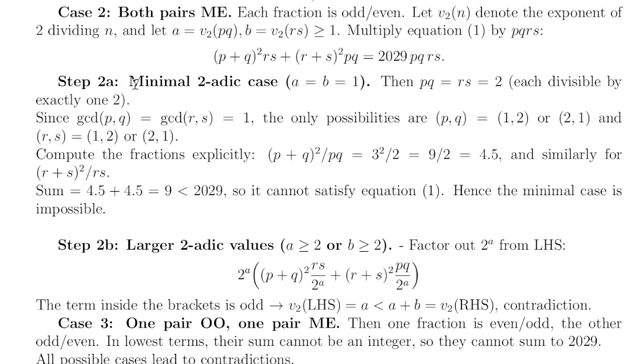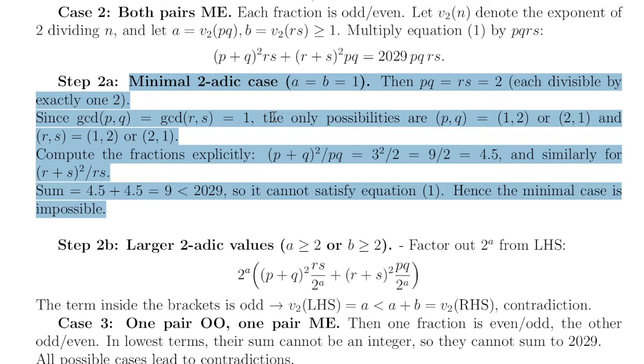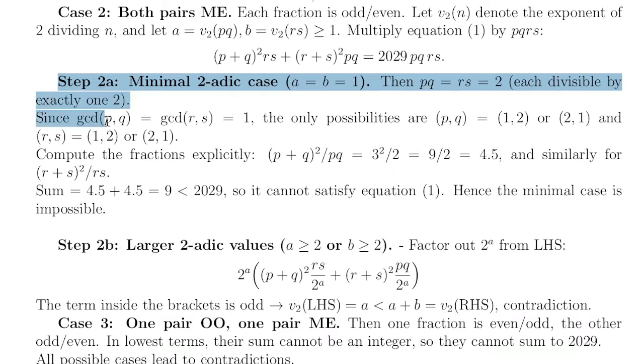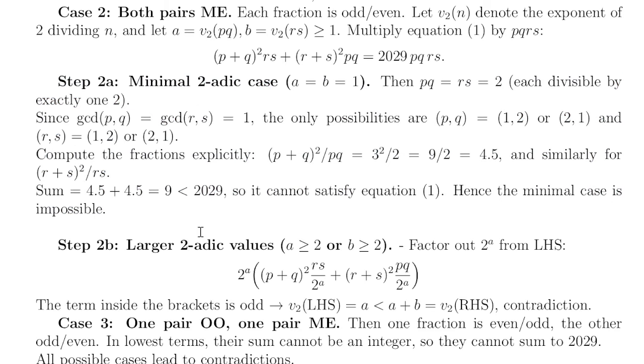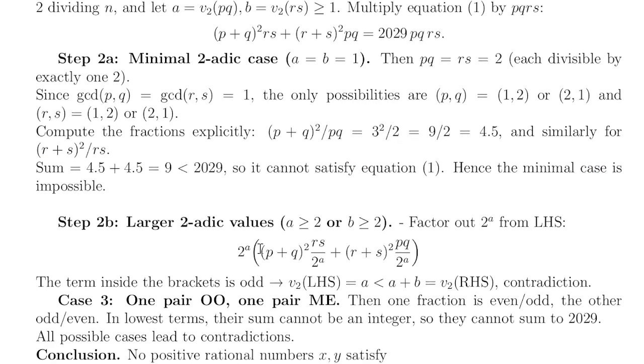So we take the minimal case. In the minimal case, we have just shown it directly, because we could only define this for this case. So only 1 comma 2 is possible here, and that will not satisfy. So we can just safely ignore that case.